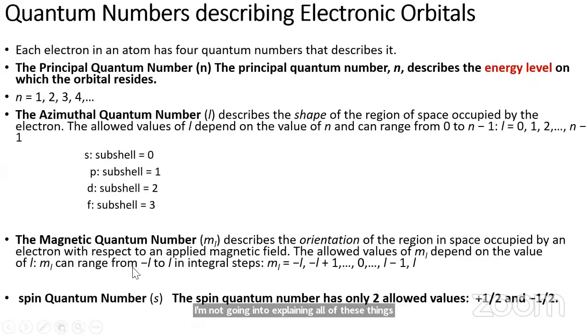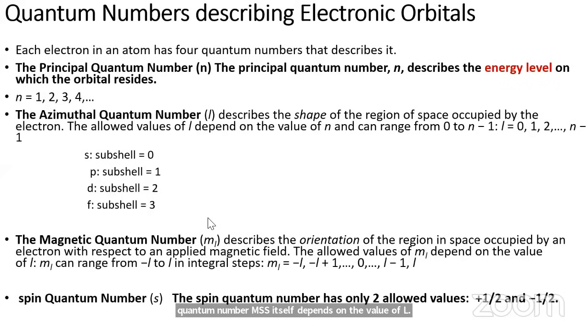This one ranges from minus L to L. This means that L depends on n, while M L depends on L. If you can get that, L, your azimuthal quantum number, depends on the value of n, while your magnetic quantum number, M subscript L, depends on the value of L. So you see how it goes.